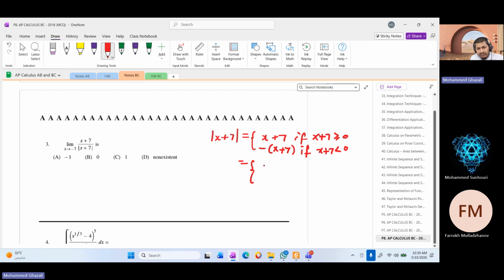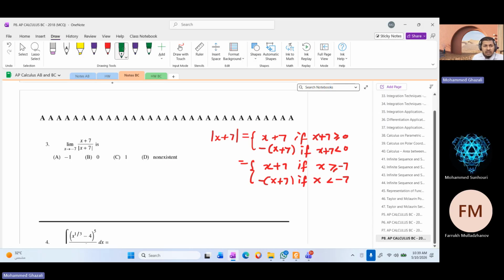So it becomes x plus 7 if x is greater than or equal to -7, and negative (x plus 7) if x is less than -7.